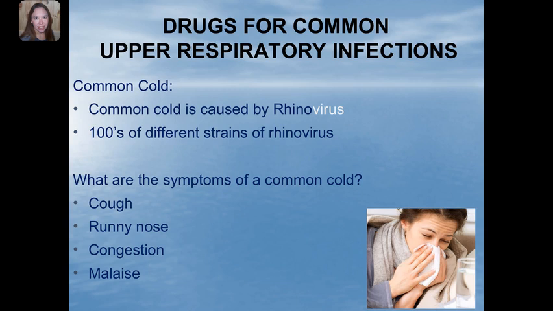So now you've got to think about, what do you already know about viruses? When it comes to the rhinovirus, there's a lot of different strains of the rhinovirus. There's hundreds of different strains. Viruses are very virulent, where they are going to be able to replicate and create new strains. So that's why we're seeing so many different strains.